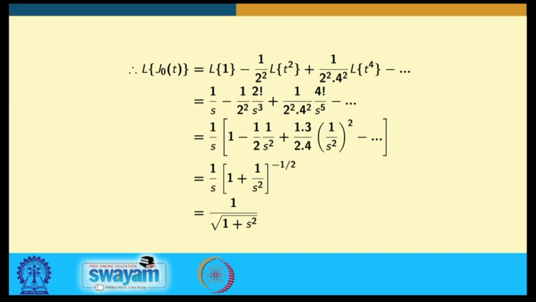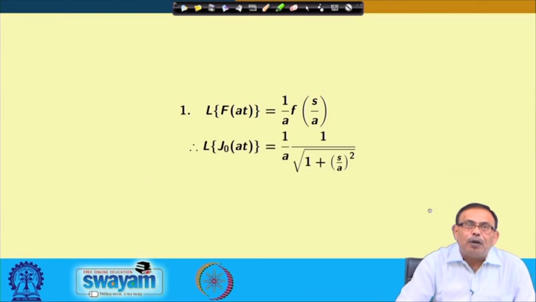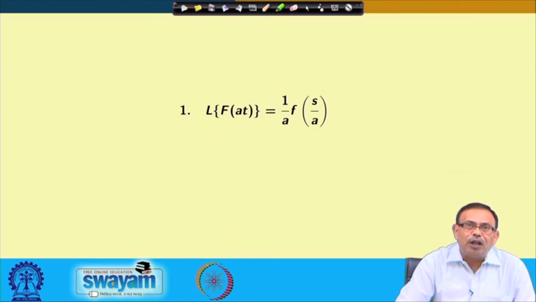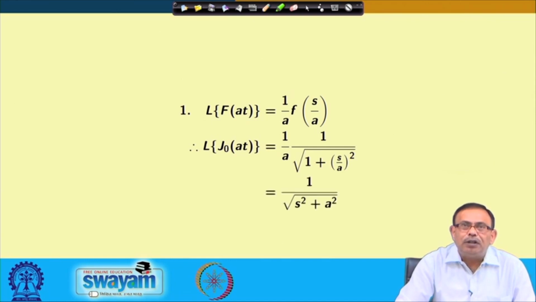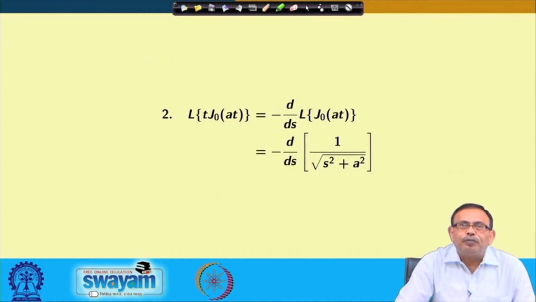So, just let us see what happens. Whatever I told, the Laplace transform of f(at) we have done. Initially there was J0(t), its Laplace transform; from there, in number 1 we did the Laplace transform of J0(at), then the Laplace transform of t J0(at) we found.